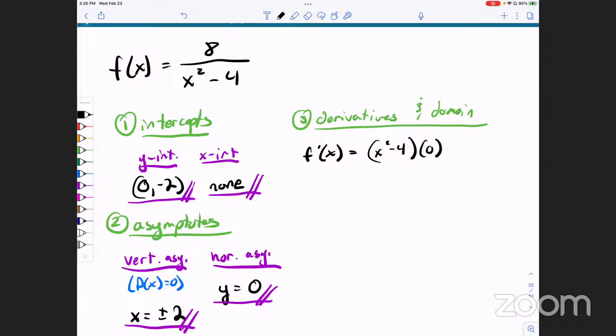So there's that. The bottom times the derivative of the top, minus the top times the derivative of the bottom, is going to be what? 2x over the bottom squared, so there's going to be x squared minus 4 squared, right? I think all of this collapses to 0.